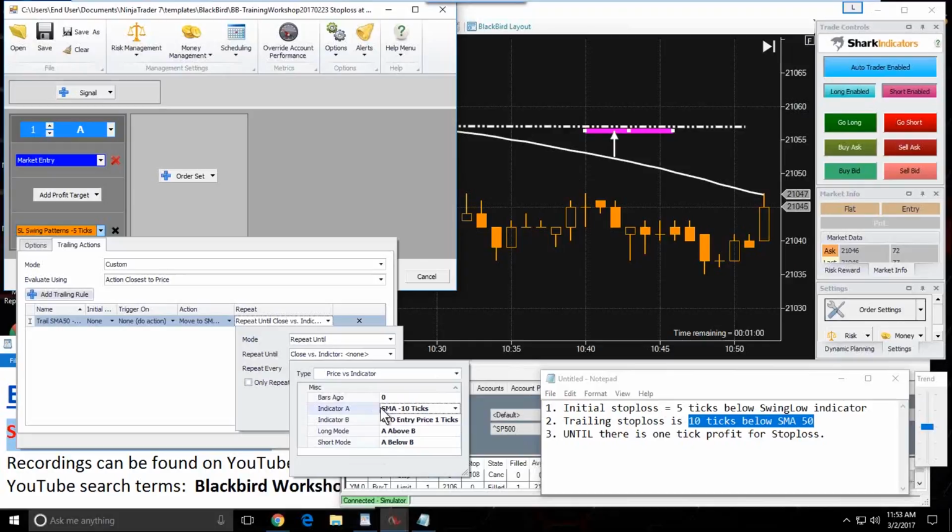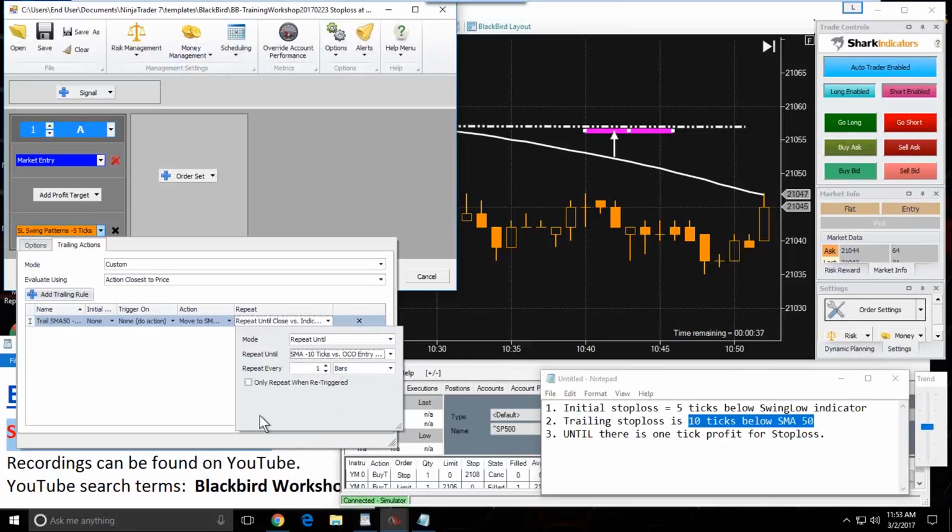So using this indicator with an offset represents where the stop loss is. And then B represents our entry price plus 1 tick of profit. So we want A below B. That would be the proper way to create this repeat until rule.